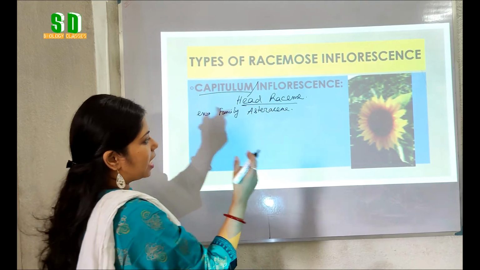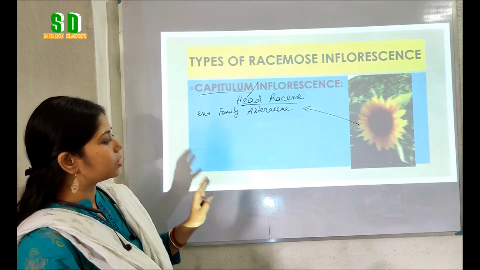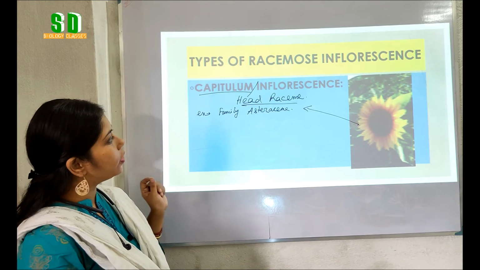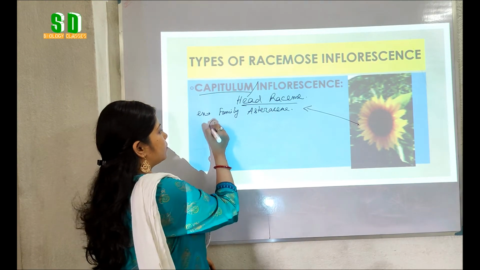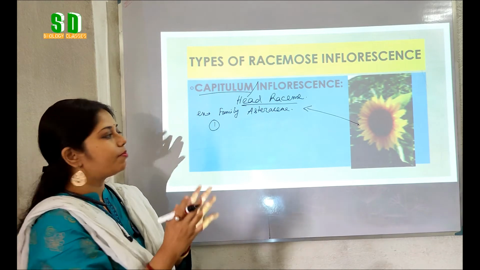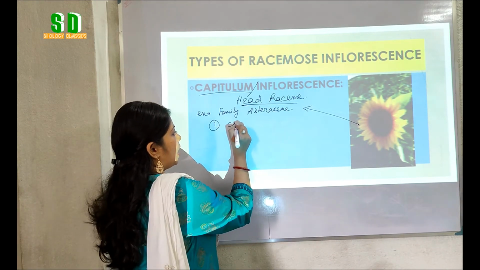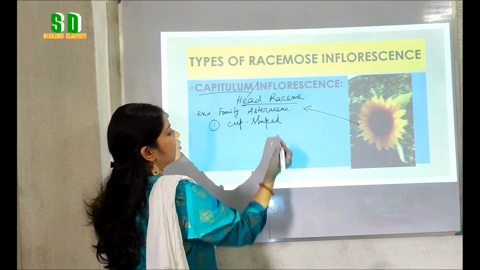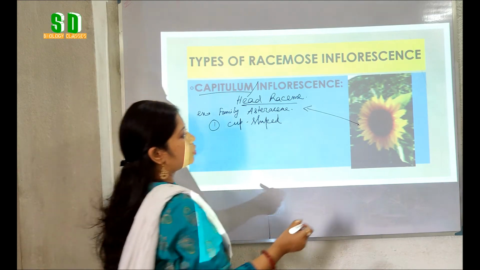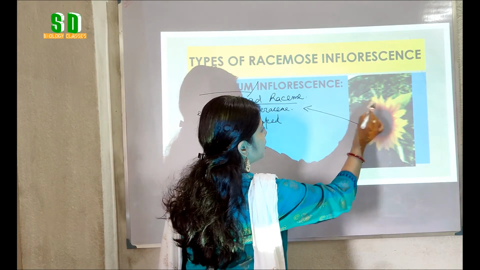Sunflower is the example of the family Asteraceae where we can see the capitulum or head raceme inflorescence. What are the features of this inflorescence? The main peduncle becomes a cup-shaped structure where the flowers are arranged. Actually, we call this a flower, but it is an inflorescence.